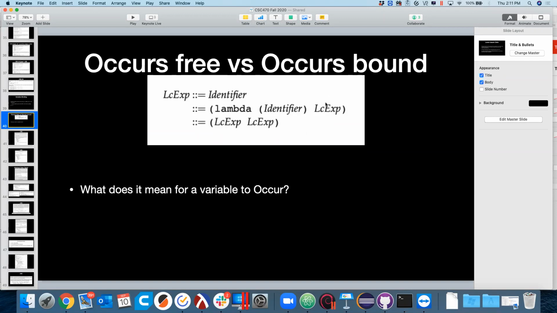The car of the cdr will give me the list containing that. You're close. If I take the cdr, that's going to give me the list with this identifier thing as the first thing. Car of the cdr. Yep. So if I have this list, the cdr of this list is the list containing this identifier and this lambda calculus expression.